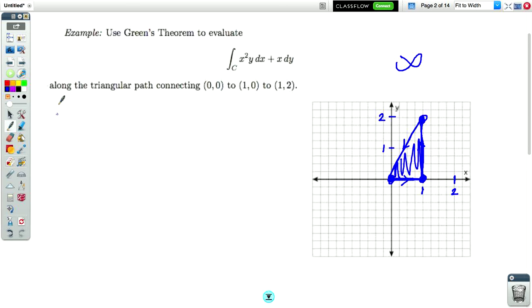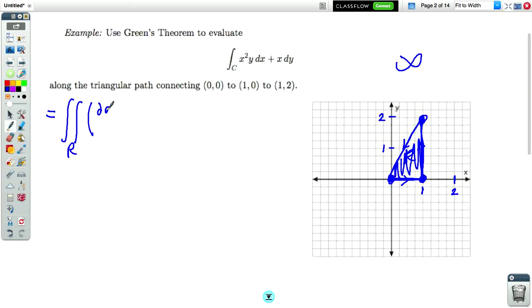So when I use Green's theorem, I'm going to take this original integral and say that it is instead equal to the integral over the region, here's our region in here, of our second function, our second portion of this function.